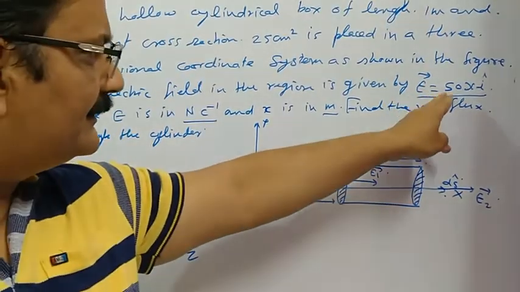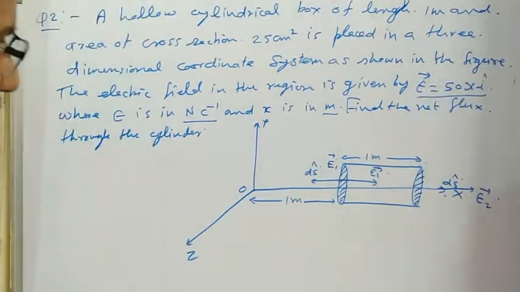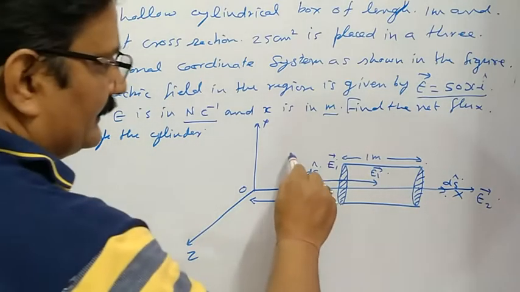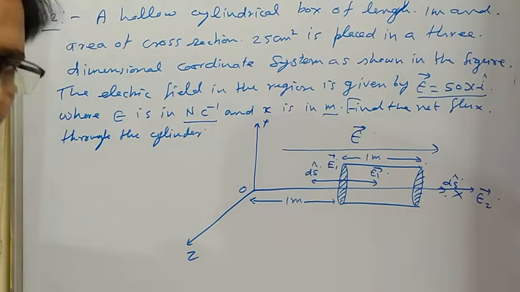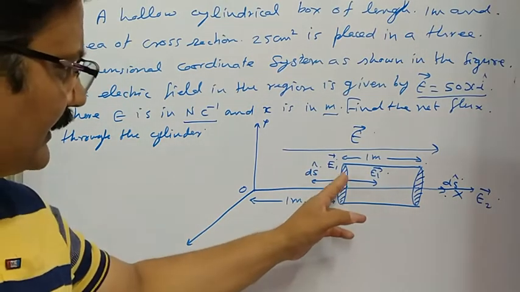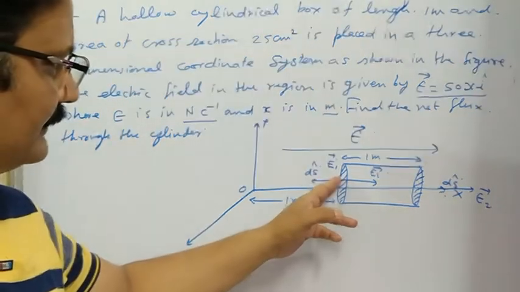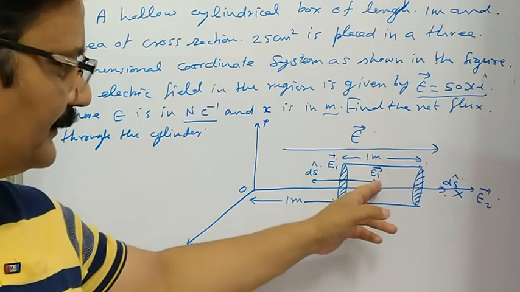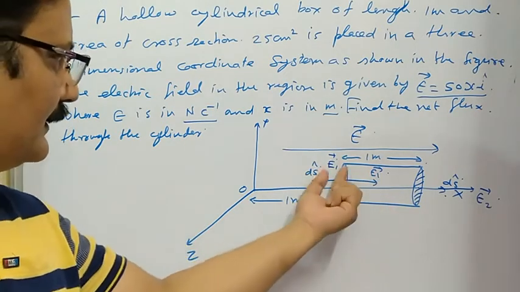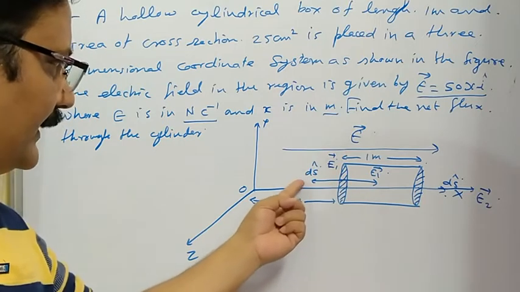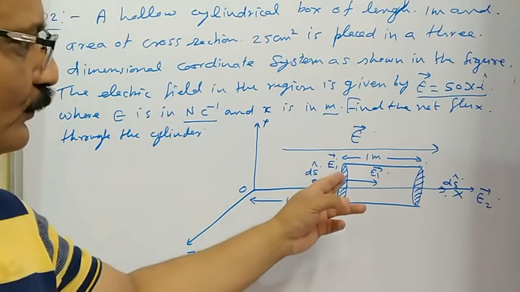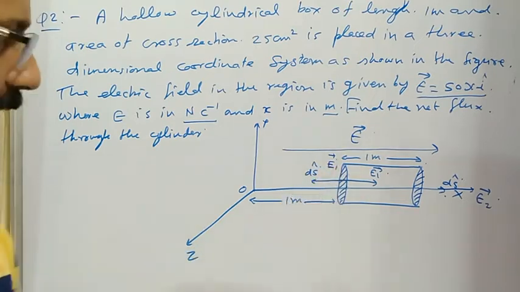It is given by i cap, which means the direction of the electric field in this region is towards the positive x axis. But at the first end of the cylinder, the direction of the electric field is in the direction of E1, while the direction of the area vector of this surface is ds cap. So the angle between the two is 180 degree.